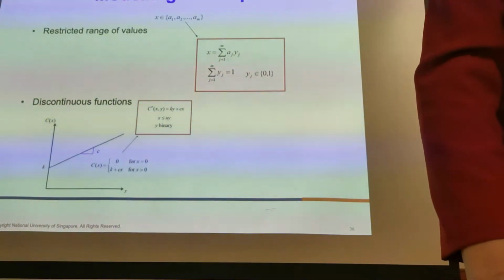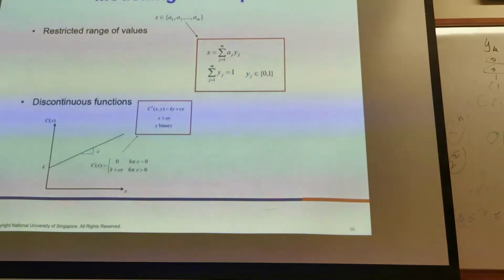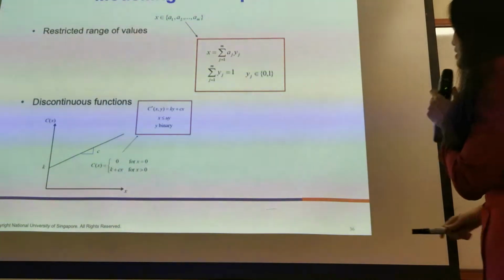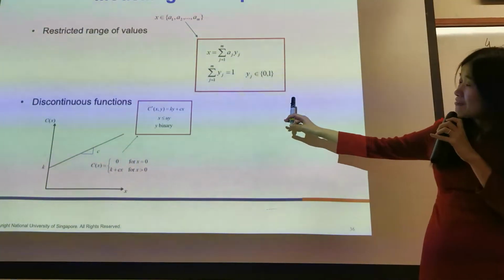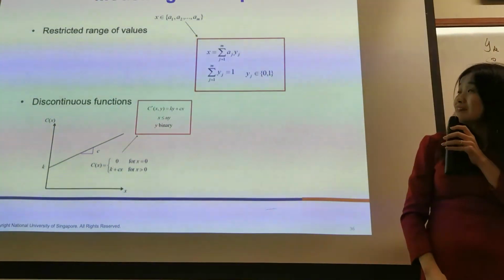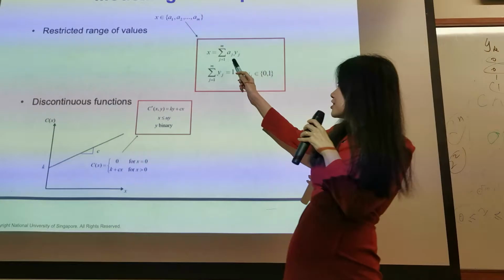So now instead of just giving a logic, I want to restrict my range of values. So this means that in this problem, I want to introduce a series of binary variables y, to use this y to give my range of x.